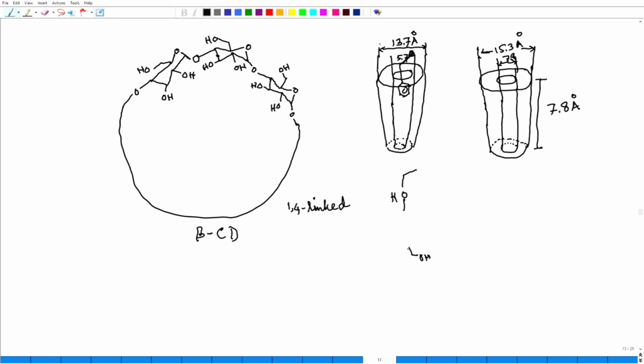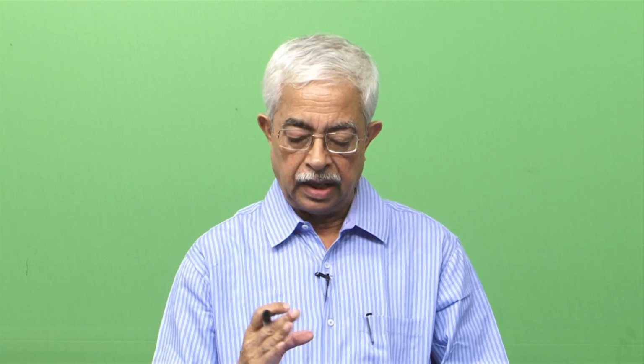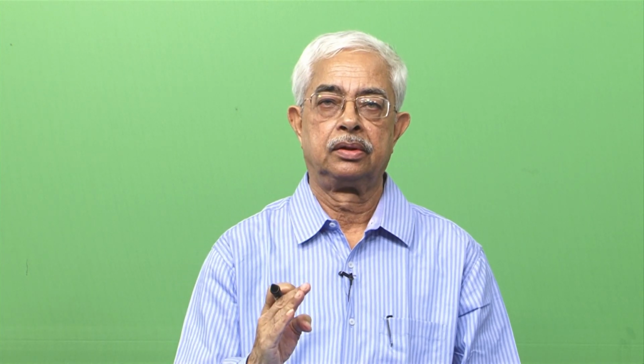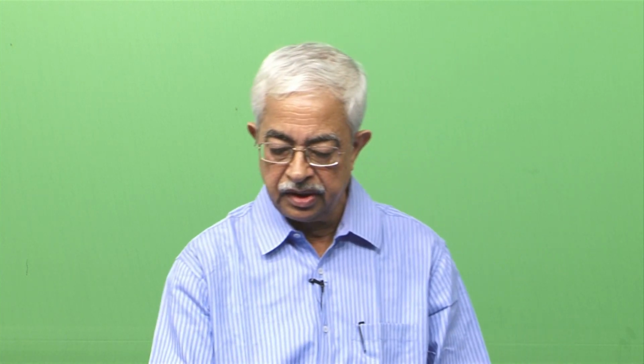This outside part will react with either OH, or a suitable substituent X. I can put X here, they come very close, make weak bonding, and thereby they can react.